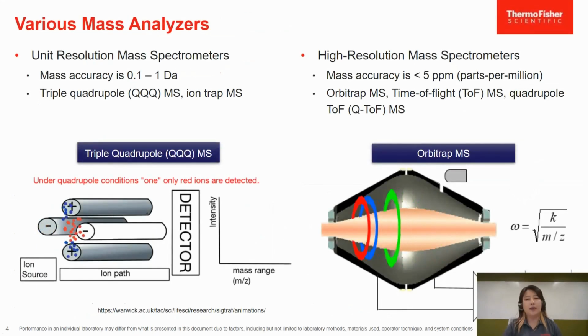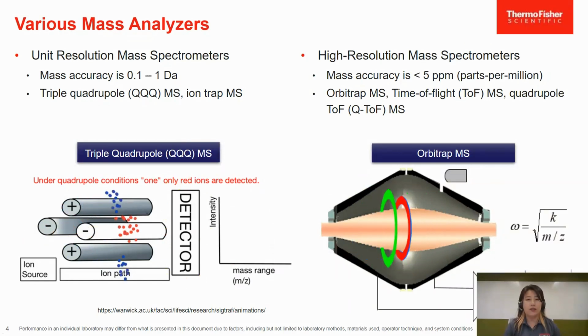There are different types of mass spectrometers based on the various mass analyzers, and each mass analyzer has a different resolving power. Mainly here I introduce two types: unit resolution mass spectrometers and high resolution mass spectrometers. Unit resolution mass spectrometers offer mass accuracy generally between 0.1 to 1 Dalton, which means you can separate analytes within these mass accuracies, for example, 1 Dalton.